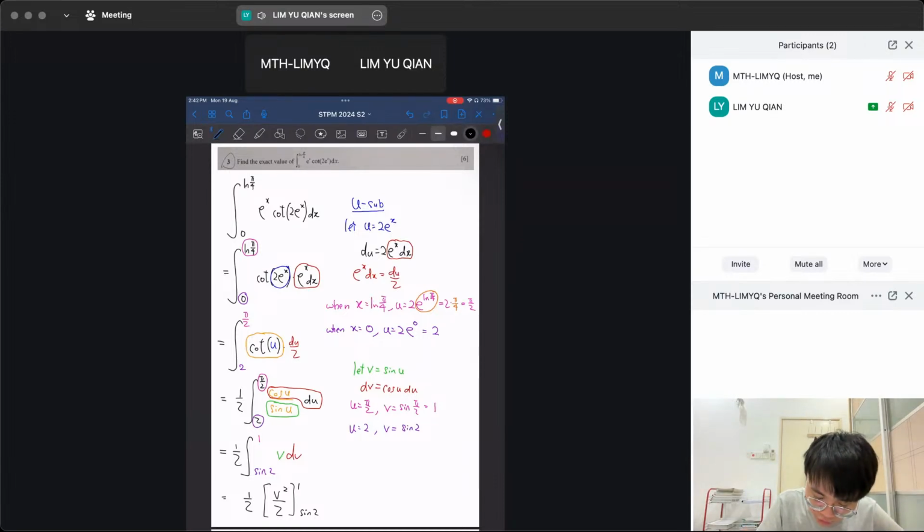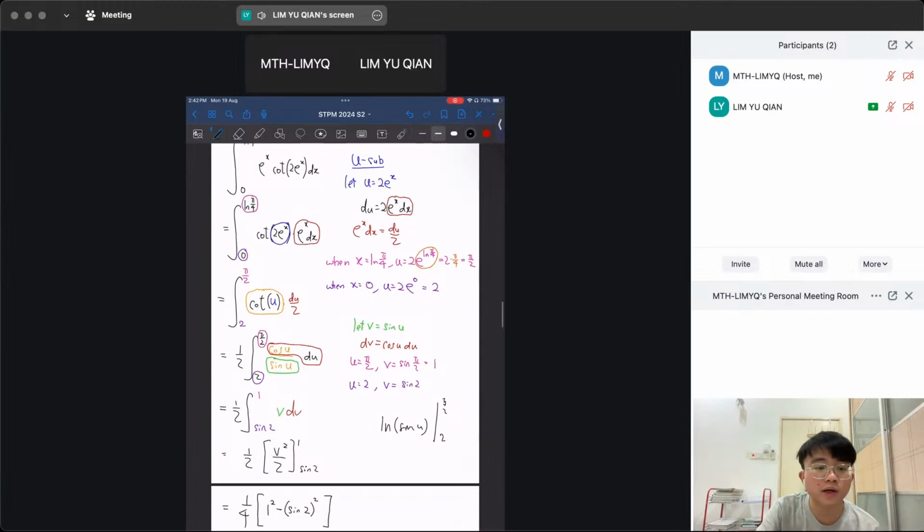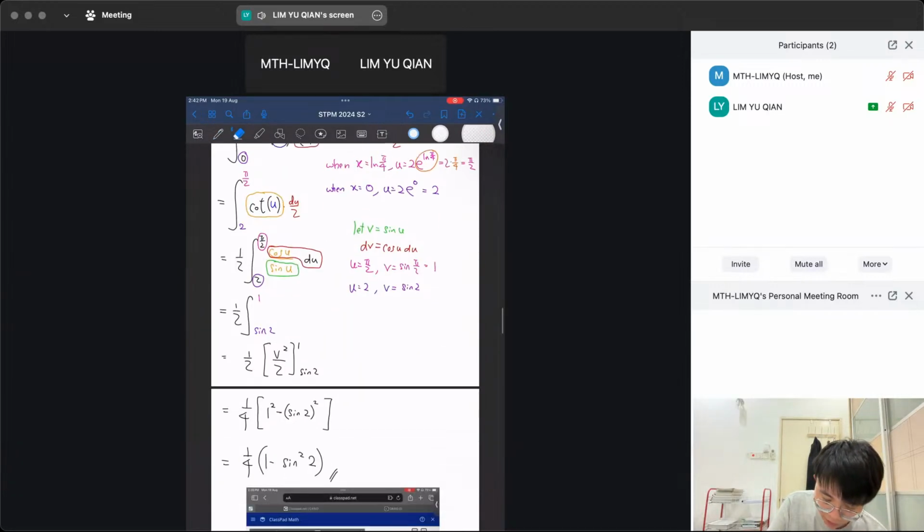Okay, if I don't want to use this substitution, cot u is ln sine u, from 2 to pi over 2, right? Sorry, it's 1 over v, and this v is in the denominator. Sorry about that.